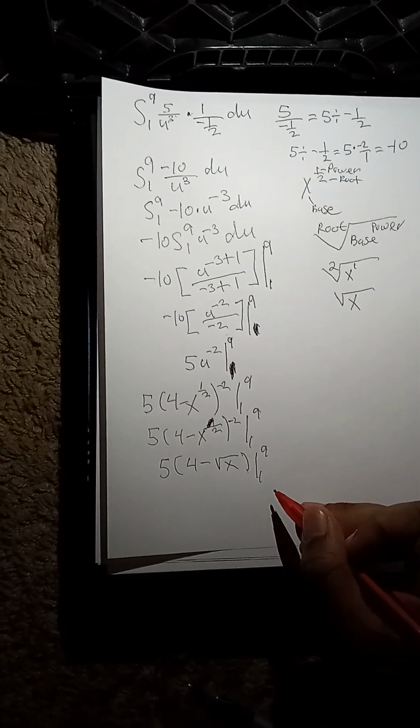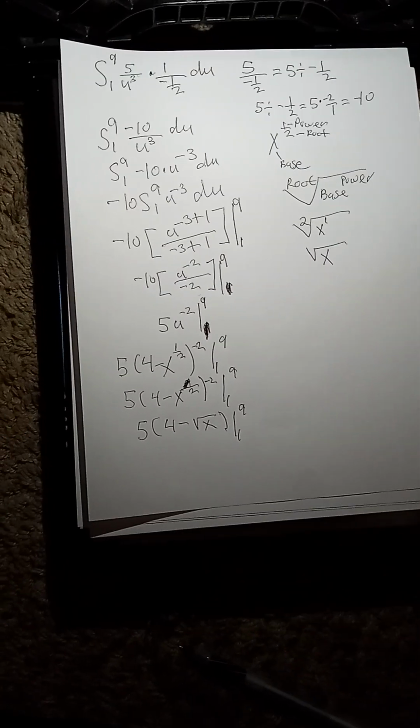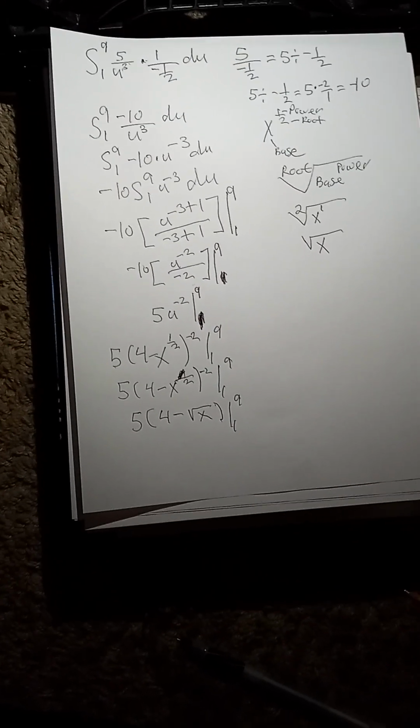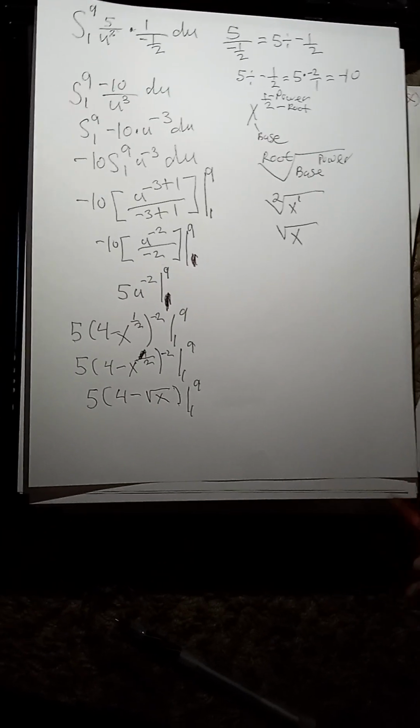So now we can begin our direct substitution here. Our a value of the integral is 1 and 9 is b. So we plug our b in first and then our a, and do the calculation for the b substitution minus the a substitution.